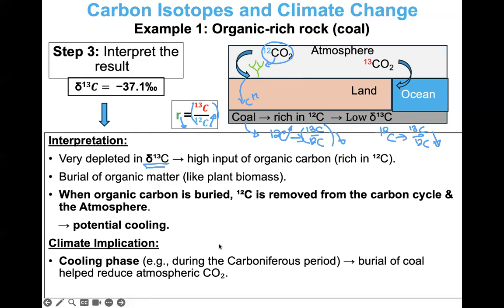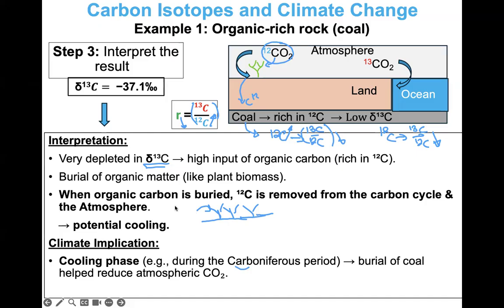This is the best example for the Carboniferous period. Remember, during the Carboniferous period, right before the Triassic time, we have forests with a huge amount of trees, and that's why it's called the Carboniferous period, because these trees get buried and form carbon. I mean, coal, which is made of carbon. So imagine you have lots of trees.